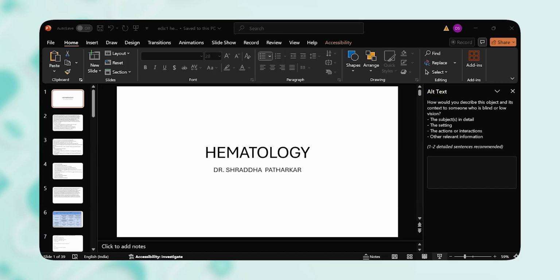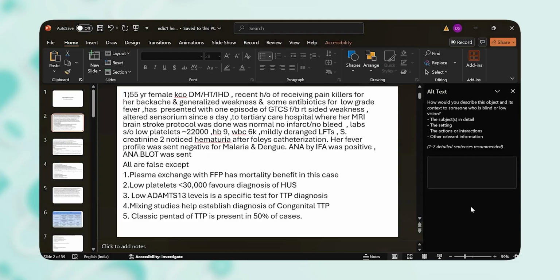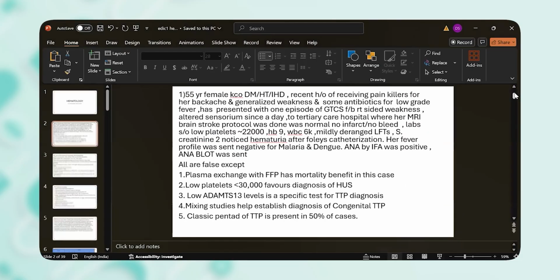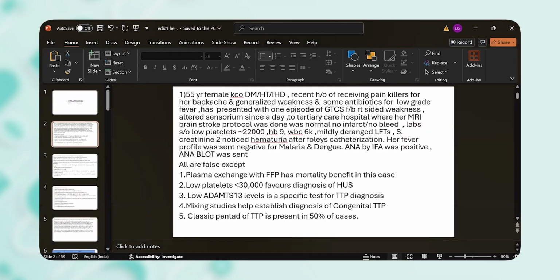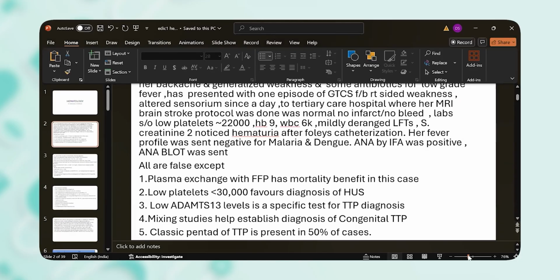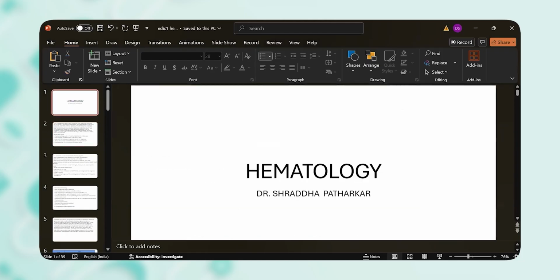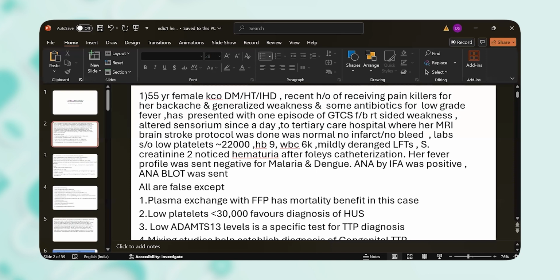The question is not visible. We couldn't see the question, ma'am. Can you see the question now? Because I'm in slideshow mode, nobody can make out anything, so I'm zooming it.